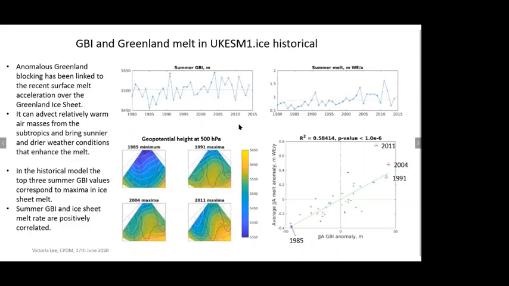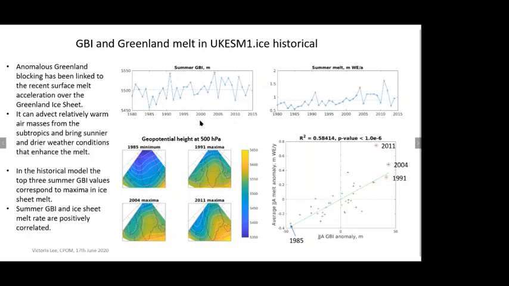As I said before, anomalous Greenland blocking has been linked to the recent surface mass acceleration over Greenland. One of the theories is that the blocking can bring relatively warm air masses from the south and bring sunnier and drier weather conditions to enhance the melt.